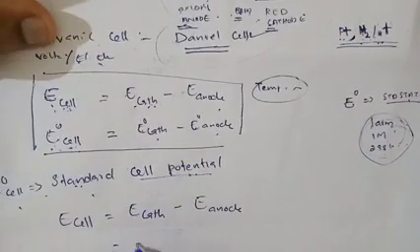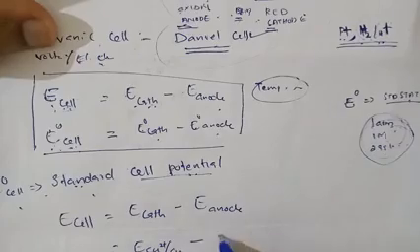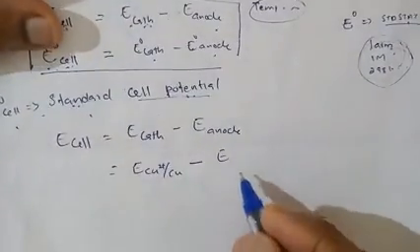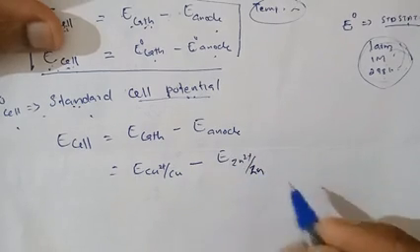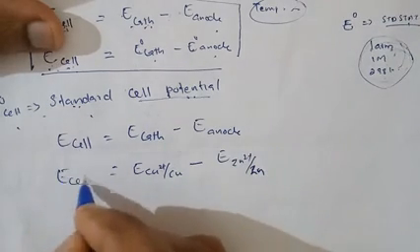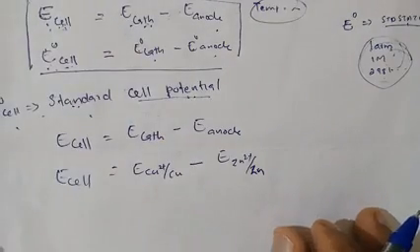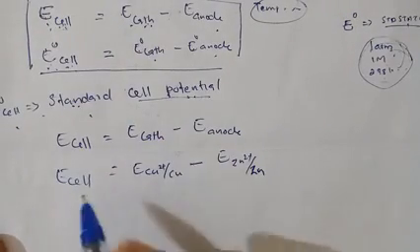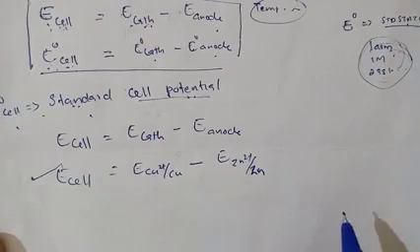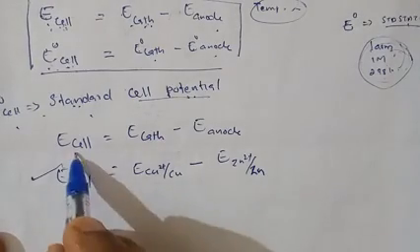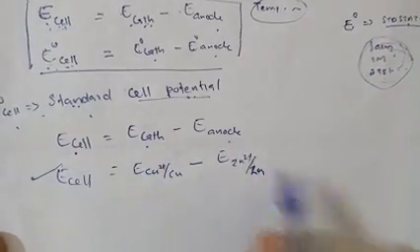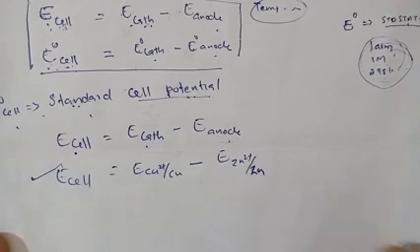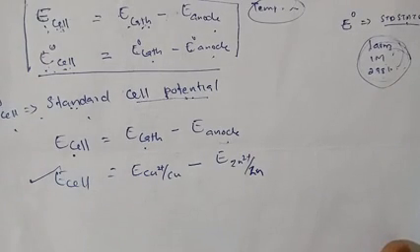So I can write E Cu2 plus bar Cu minus E Zn2 plus bar Zn. E cell is equal to E cathode minus E anode. Cathode is copper, anode is zinc. So we should write in this particular way. Clear?